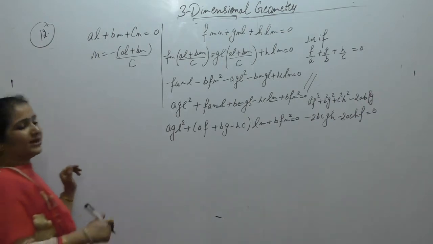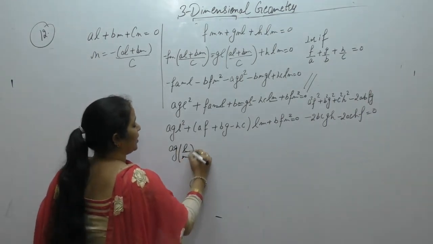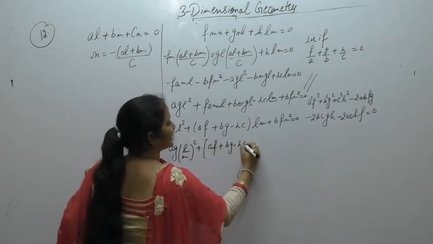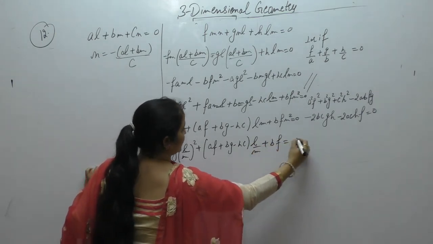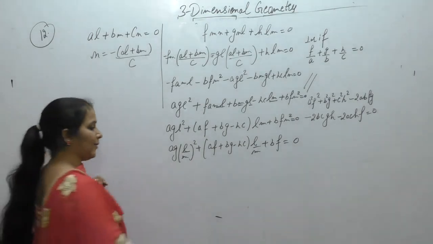Now divide this whole equation by M squared. We get AG (L upon M) squared plus (AF plus BG minus HC) L upon M plus BF is equal to 0. Now this is a quadratic in L upon M.